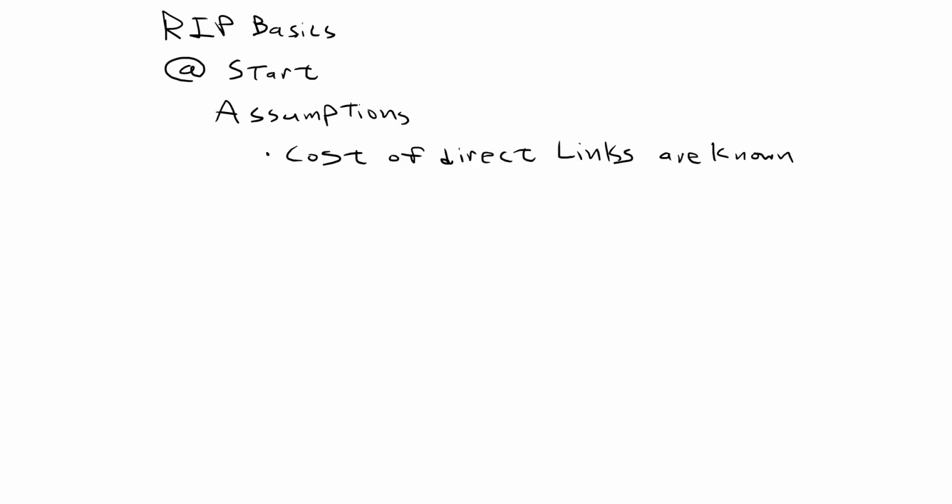So if I have some router A, let's say it's connected to B and C, A at start will know the cost of this. These can be arbitrary. These can be set up based on some sort of metric. We right now are just going to basically assume that each cost is basically just a hop cost for us.